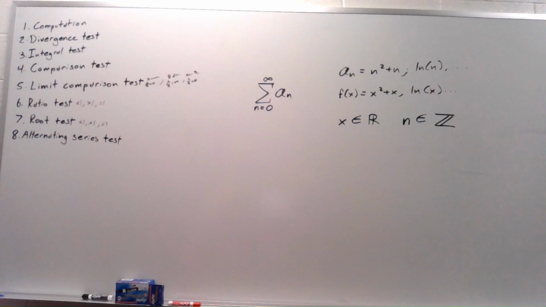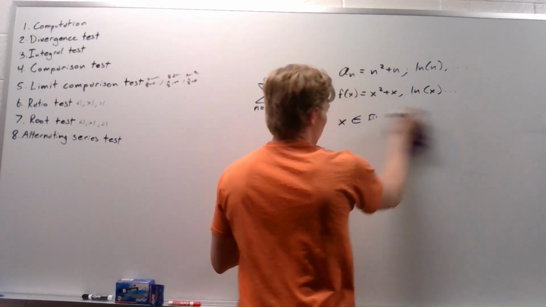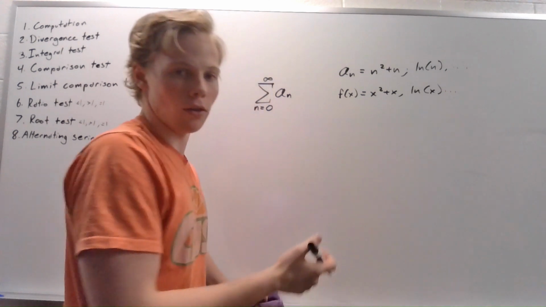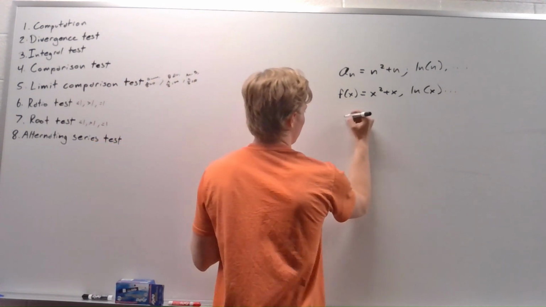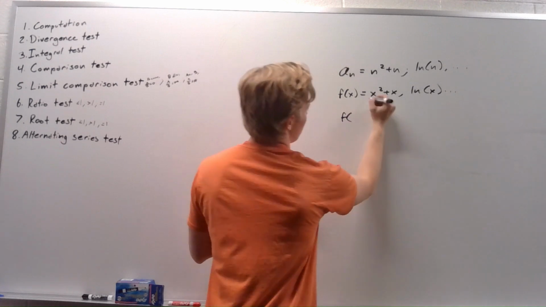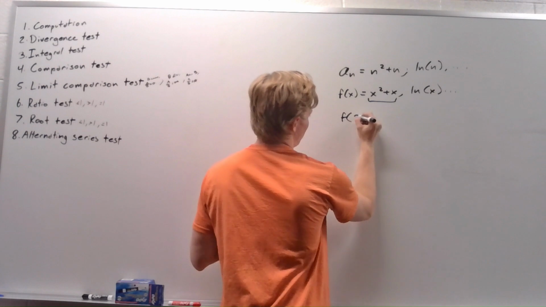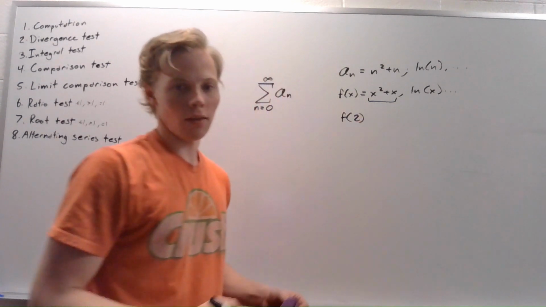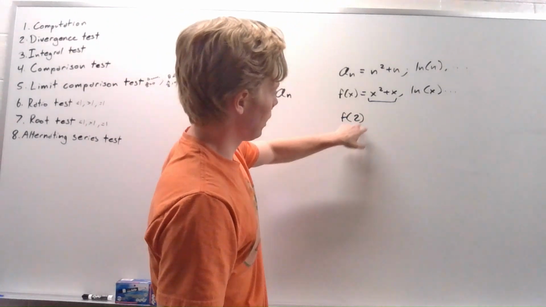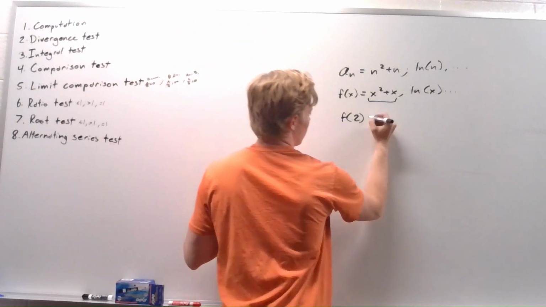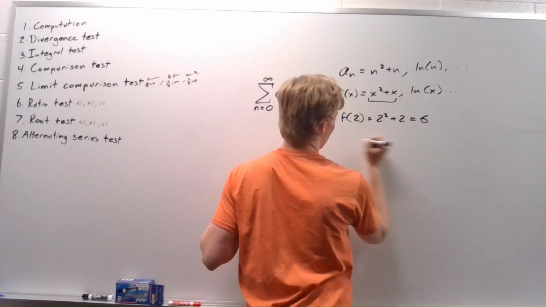And so, other than that, though, these types of functions act exactly the same. Just like how, if we focus on this function f of x right now, if you take f of 2, that means when x equals 2, as in you plug in 2 for every x, and you get 2 squared plus 2 equals 6.